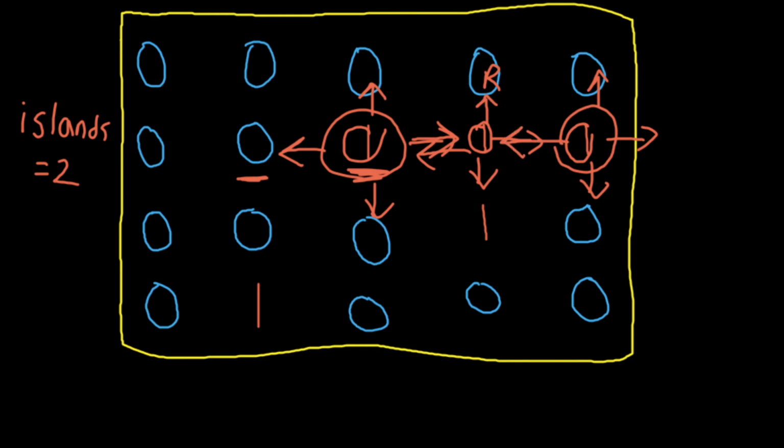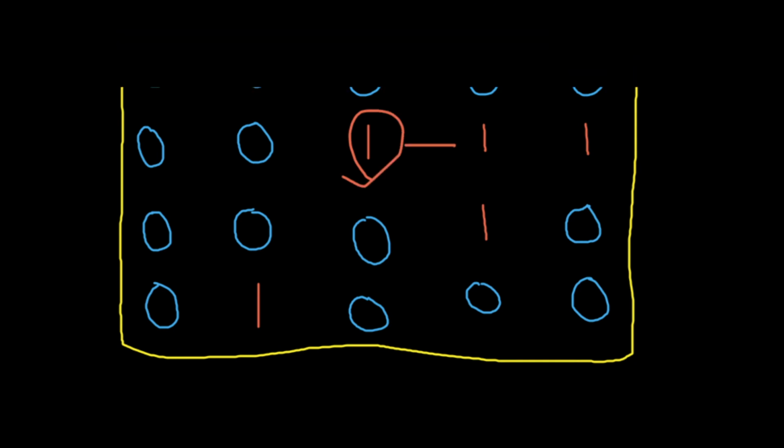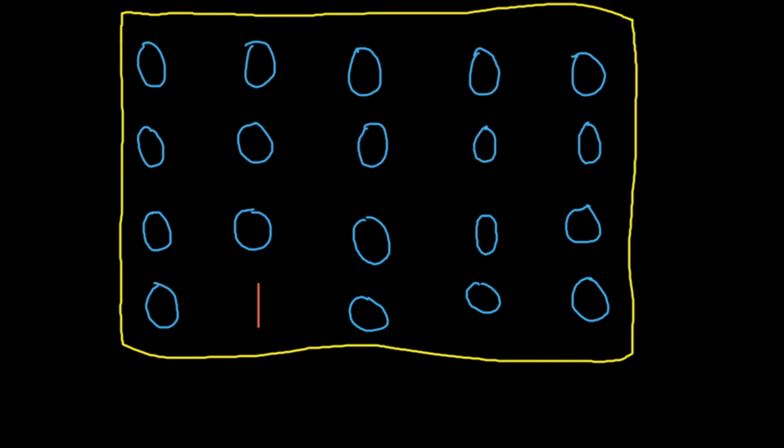I know the drawing is a little bit sloppy because recursively it's really kind of hard to do each part of the call stack. But anyway, so when you get to this island and we see that the DFS goes here and then goes here and then goes here and turns all these things into 0s, what does that look like at the end after this particular step? Well, after that particular step, you only have a single one left over.